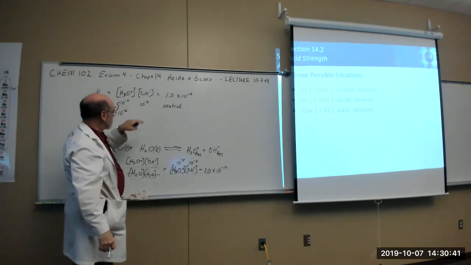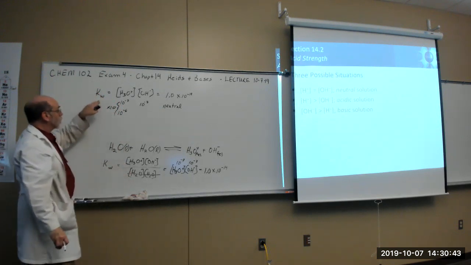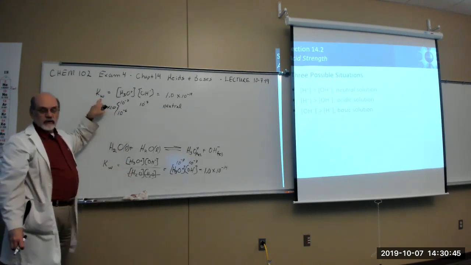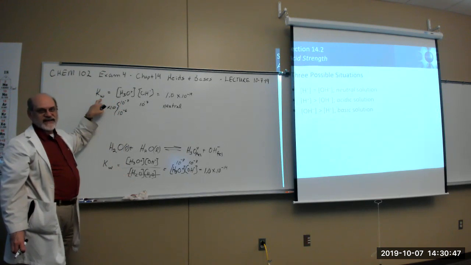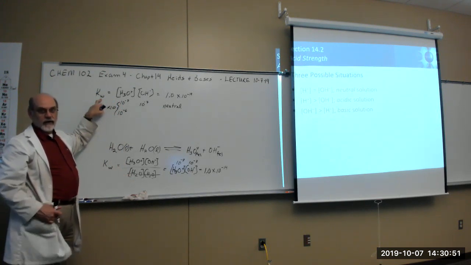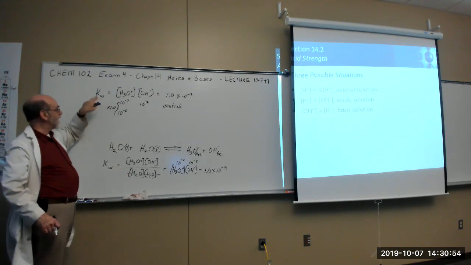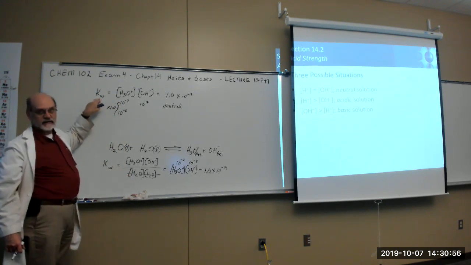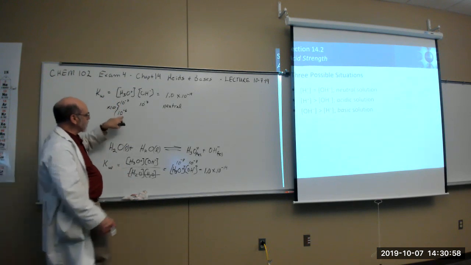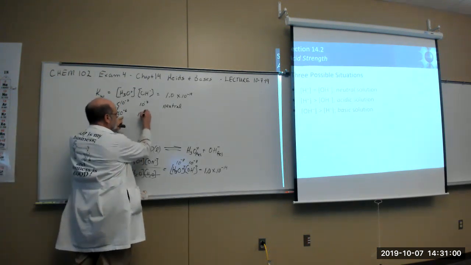So what is this going to be? In water, this equilibrium must be obeyed. No matter what we do to water, that equilibrium has to be obeyed. So if this is 10 to the minus 6, this has to be 10 to the minus 8.